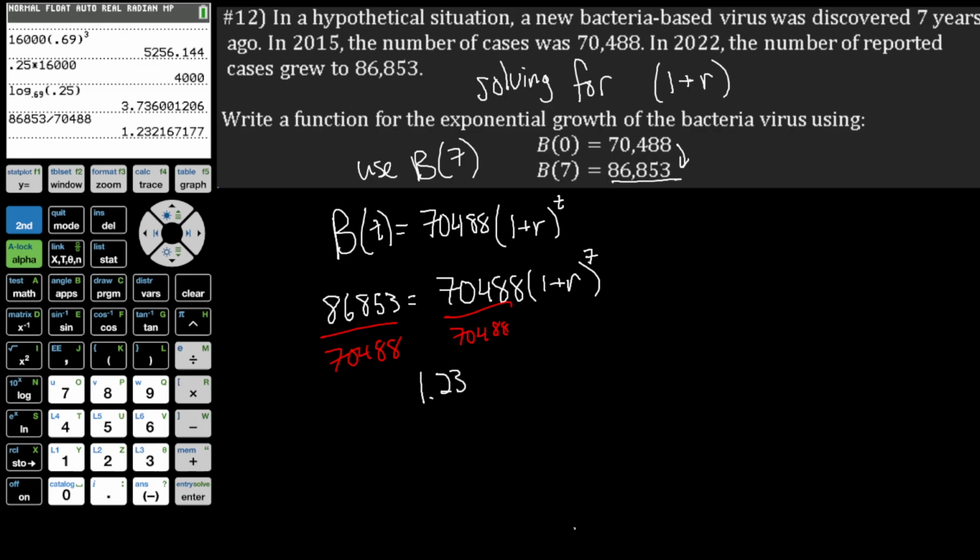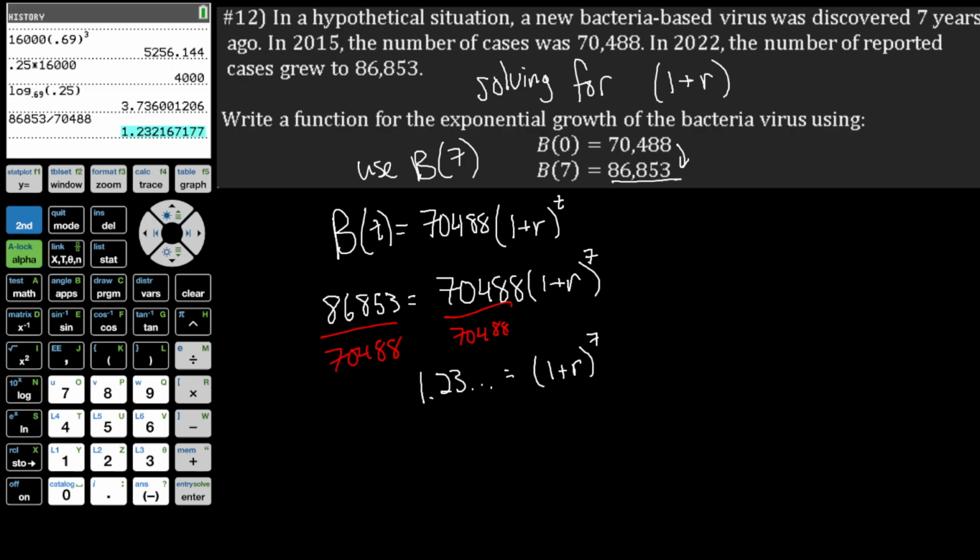Yeah, so it's 1.23, but I have values after it. So I'm going to say dot dot dot is equal to, and I have 1 plus r to the power of 7. Please make sure that you are using this value that is in that calculator. So I'm going to highlight it. Again, you want to use that entire value, otherwise it's going to give you different answers.